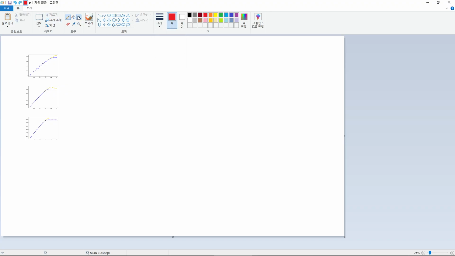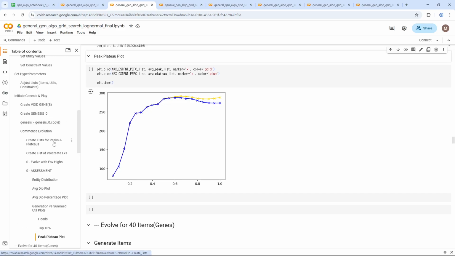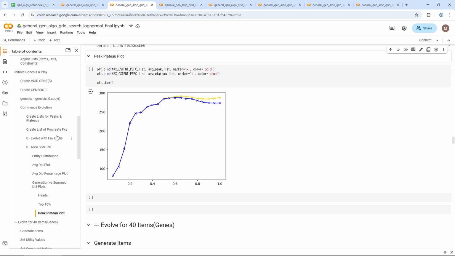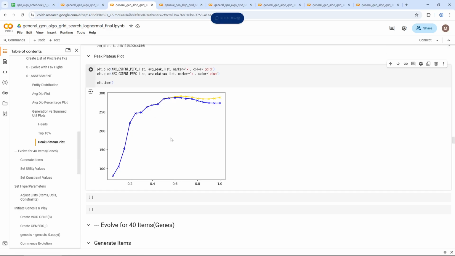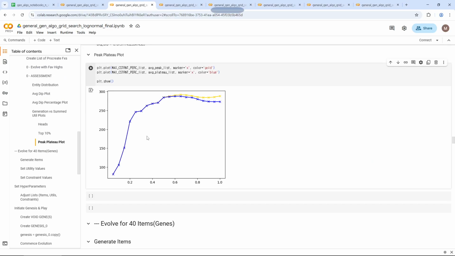Oh my god. 10 items, 40 items, and 100 items. And this is normal. I should write that later. And 10 items. So I should have 21 of these plots.